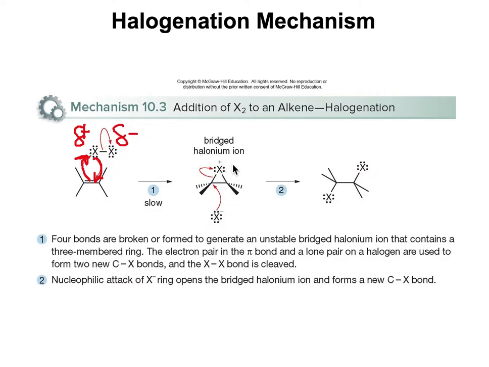And that three-member ring is not very stable for many reasons. Three-member rings have a lot of strain, and also it has a positive charge, so that's not stable. What will happen is that this X minus will come and attack one of the sides, and it will open up the three-member ring, and that's how we will get an addition across the double bond.